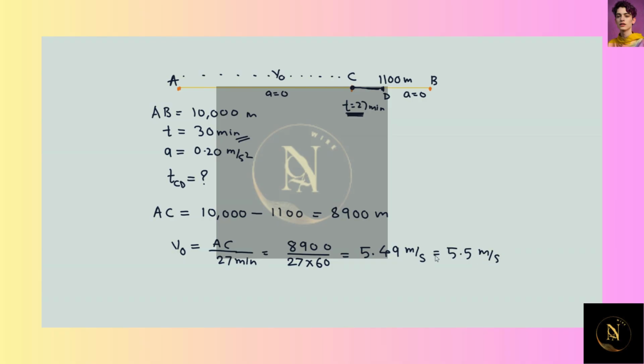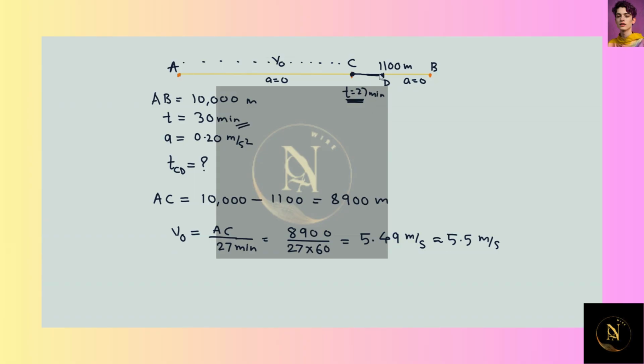Now from C to D, he accelerates at 0.2 meter per second square for time TCD, which we can take as T dash. The displacement CD, which I consider as S, I can find using the second kinematic equation, S equals ut plus half at square.